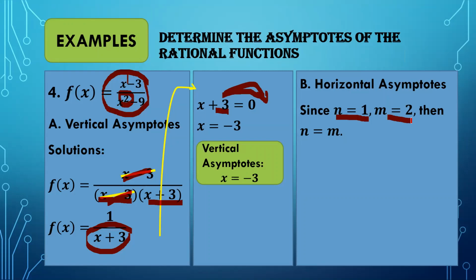Therefore, this should be n is less than m. So by the given assumptions of horizontal asymptotes, the horizontal asymptote will be y equals 0.